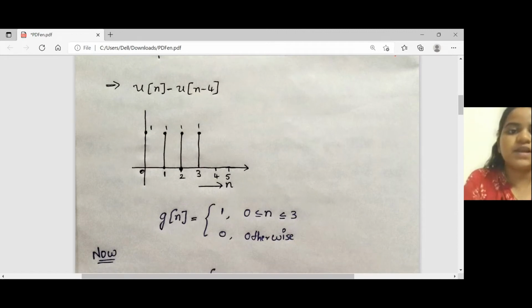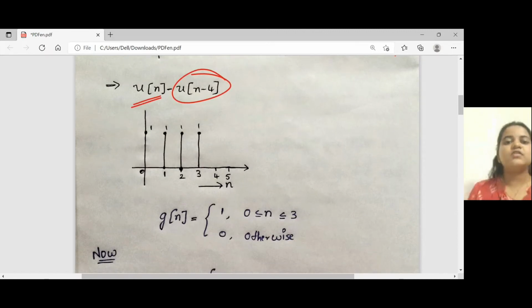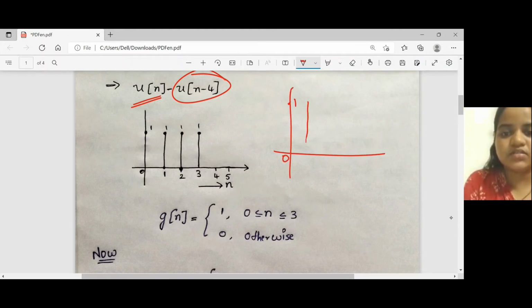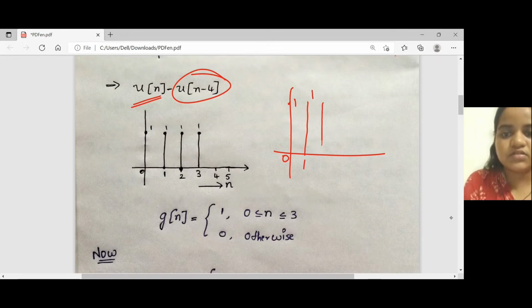Now let's subtract u of n minus 4 from u of n. By subtracting them, we will get a graph like this.